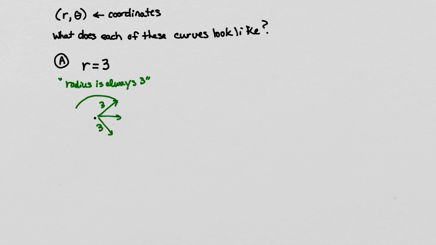That's simply going to give me a circle. So r equals 3 is the equation of a circle in the polar coordinate system. R equals 3 is a circle centered at the pole of radius 3.